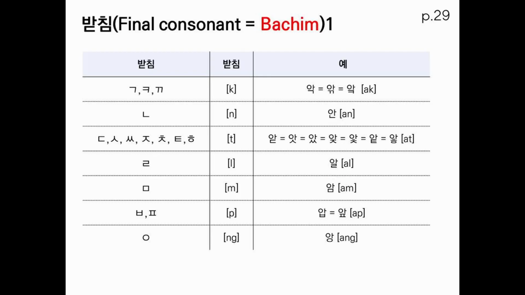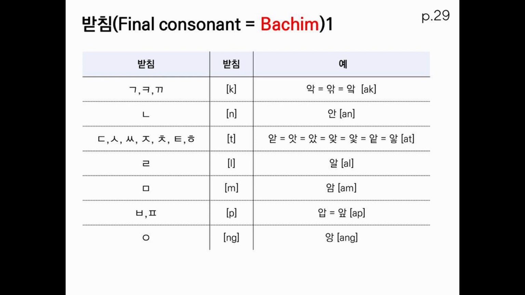Now let's learn the pronunciation of each 받침. All consonants can be used as 받침, but there are only 7 different pronunciations. First, 받침 ㄱ, ㅋ, ㄲ. In the basic form, these 3 consonants have different sounds.